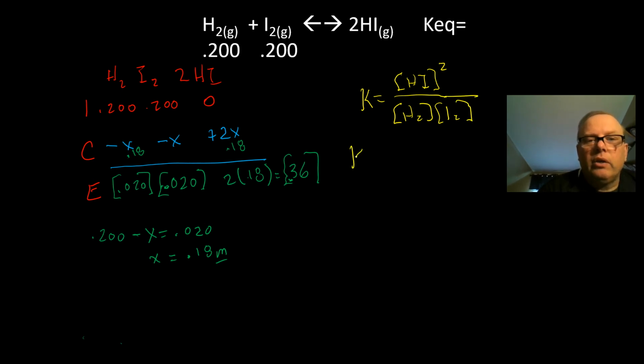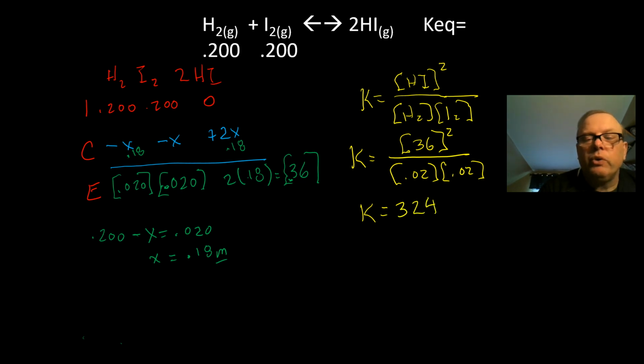So K will equal 0.36 squared over 0.02 times 0.02. K, therefore, equals 324. Remember, there are no units on it.